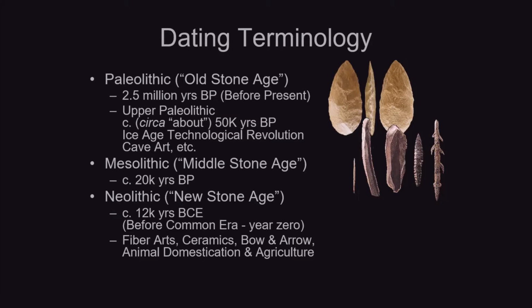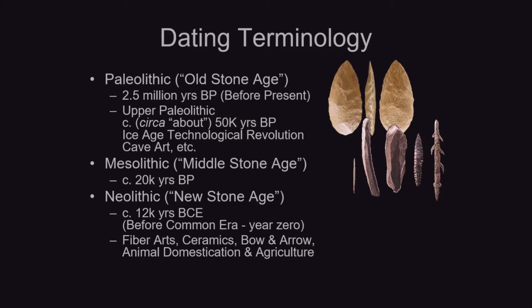This is exactly identical to BC. So if you've ever seen BC and you start to see BCE, it means exactly the same thing. But instead of saying before Christ, it's before the Common Era. Why do we do this? Well, for one, the date isn't accurate anyway. Year zero is a few years after the birth of Christ. But the other reason is we're talking about a lot of cultures that aren't necessarily Christian.